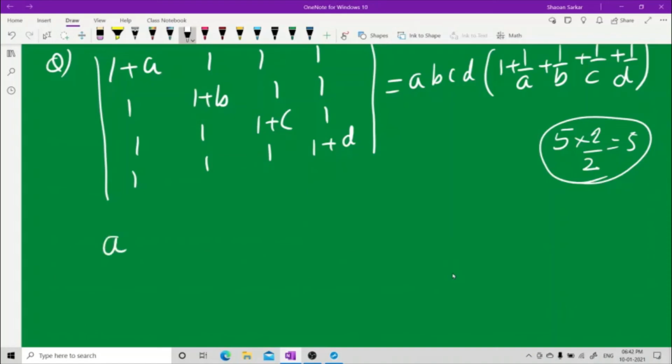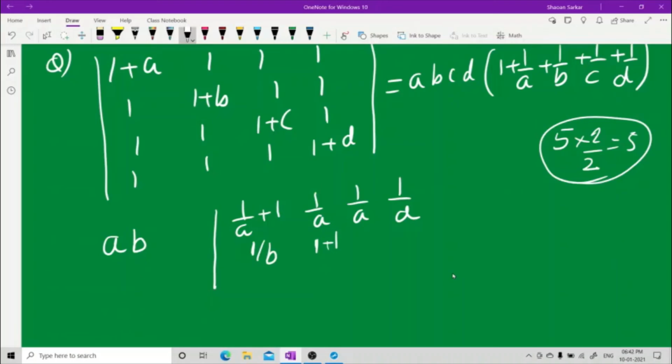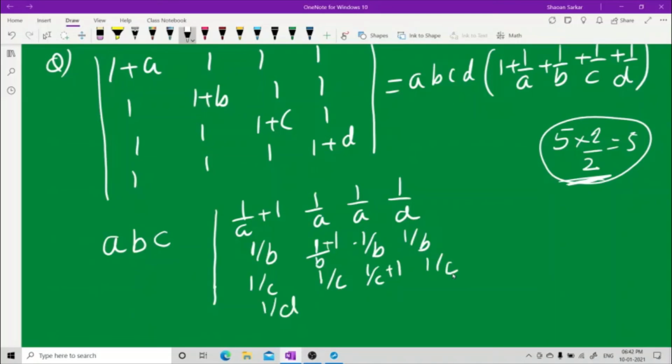First I'll multiply outside with A, and then divide the complete first row by A: 1 upon A plus 1, 1 upon A, 1 upon A, 1 upon A. Similarly, I will multiply by B outside and divide the second row by B. So 1 upon B, 1 upon B plus 1, 1 by B, 1 by B. Now, similarly, I will multiply outside by C. This concept I am using everywhere. 1 upon C, 1 upon C, 1 upon C plus 1, 1 upon C. 1 upon D, 1 upon D, I will multiply with D here, sorry, and then 1 upon D, and 1 upon D plus 1.